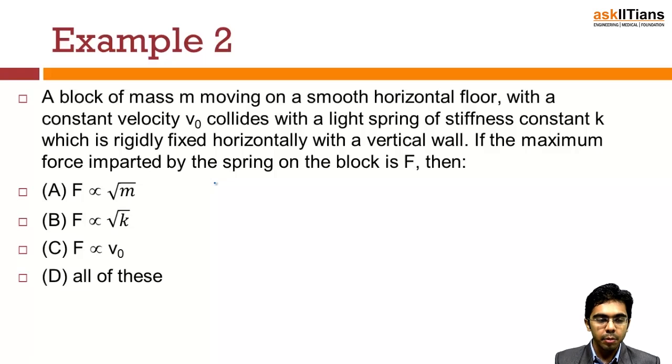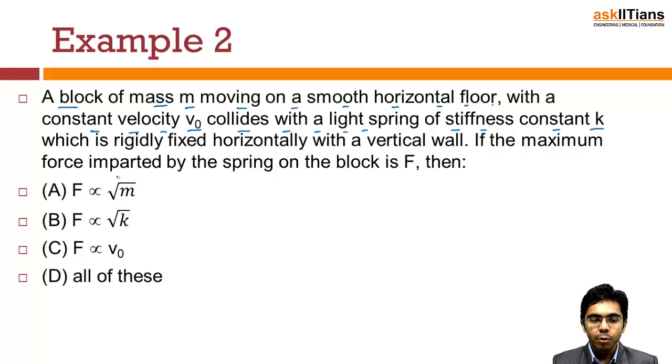In the next example, a block of mass m moving on a smooth horizontal floor with a constant velocity v0 collides with a light spring of stiffness constant k, which is rigidly fixed horizontally to a vertical wall.